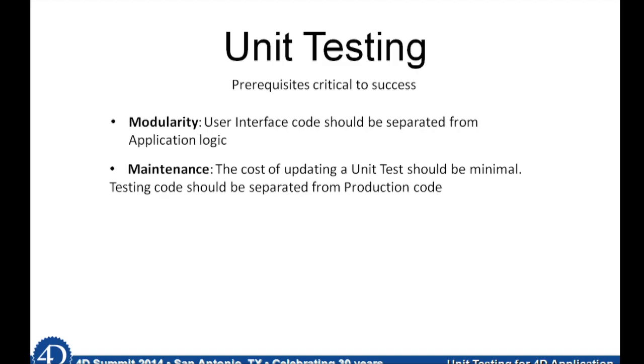But if you're spending a lot of time writing and repairing unit tests instead of writing new code, then there's really no point. So you need to find a way to quickly update unit tests and make them work again.